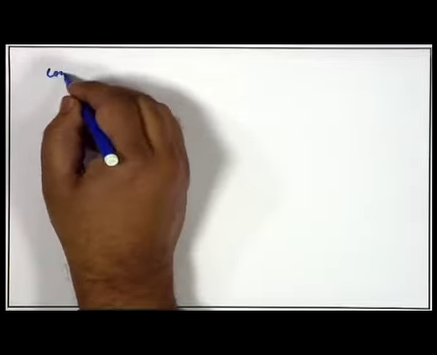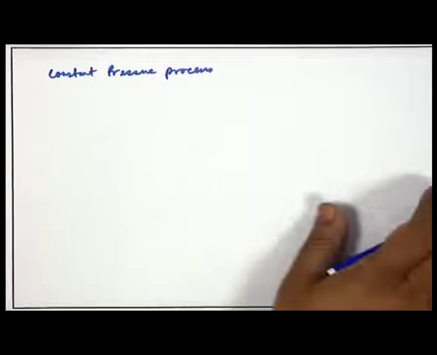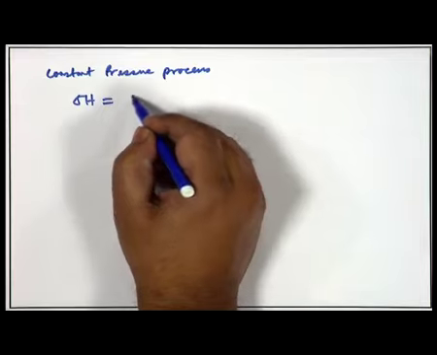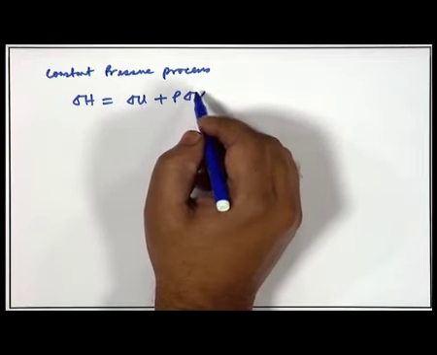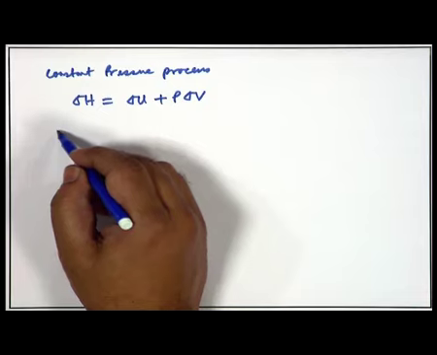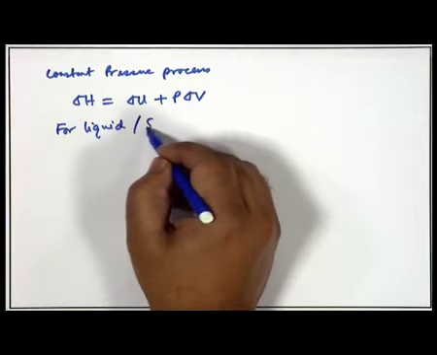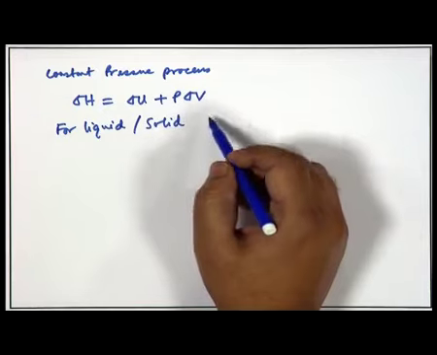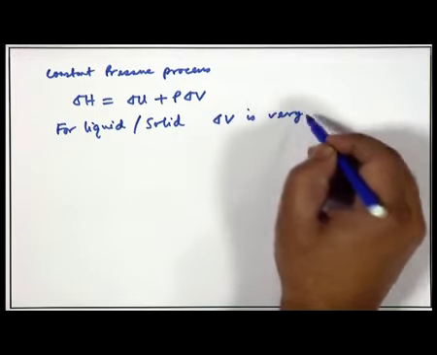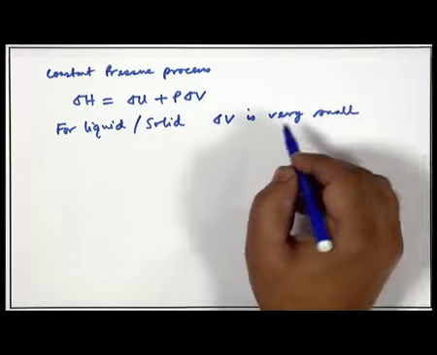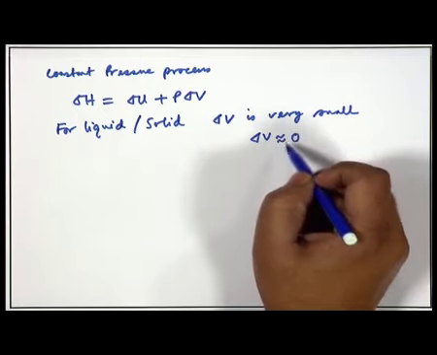Now, if we consider a constant pressure process again, then delta H, we know from the definition, is delta U plus P delta V. For liquid or solid, this change in volume is negligibly small, so we can consider delta V is 0.